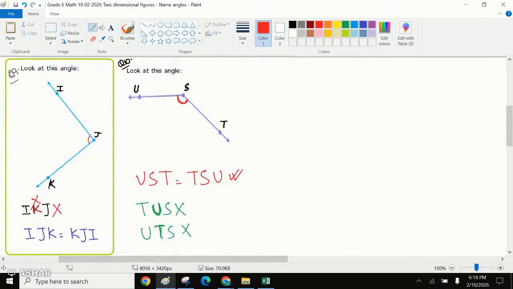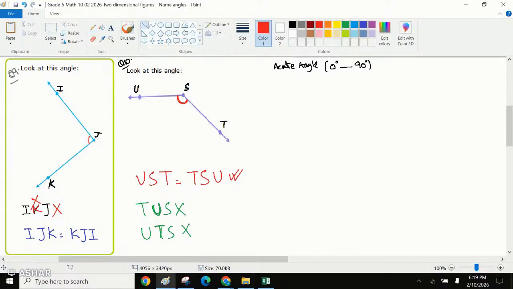Moving ahead. Okay. Now let's revise something, because I want to use these questions. We know that an acute angle is an angle between 0 and 90 degrees, right?